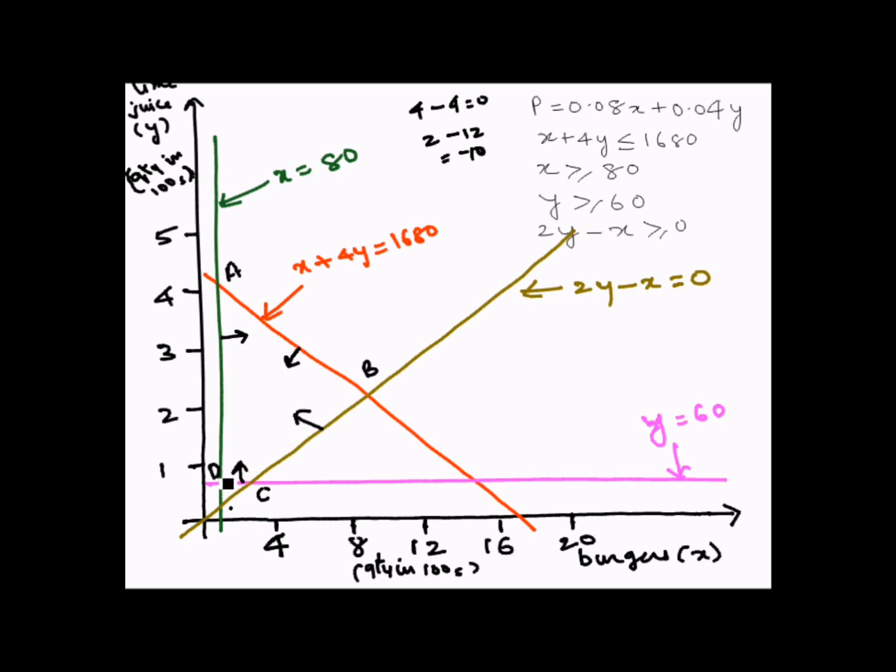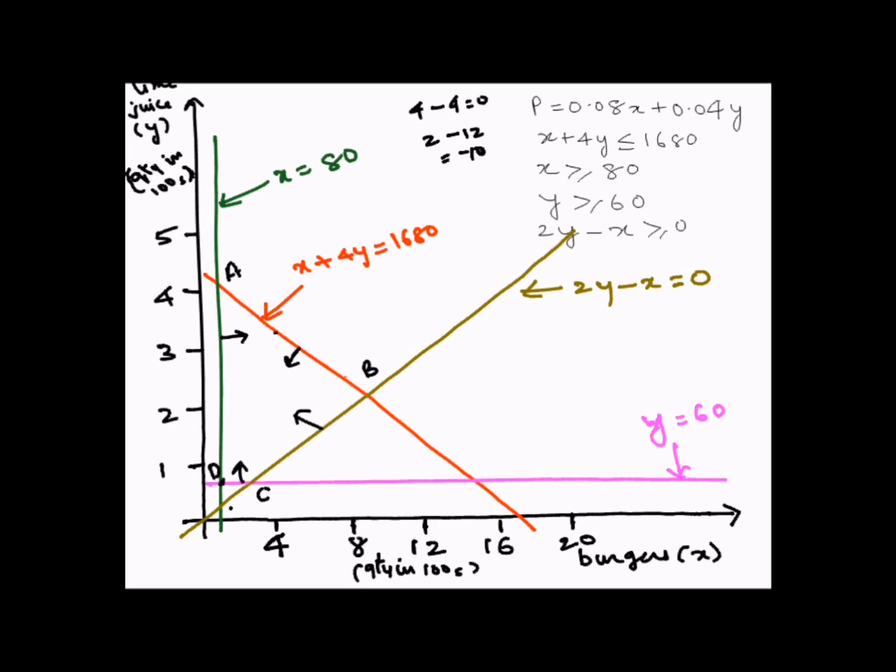And then at the intersection of this green and the pink line is the point D. So the feasible solution region is from B to C to D, and then up to A, and then coming down to B.